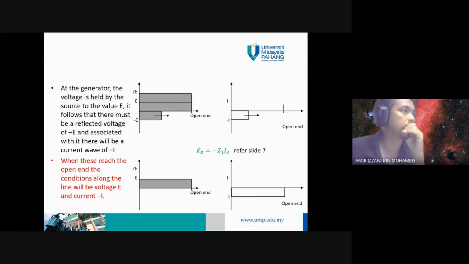At this generator, or at the source, the voltage is held by the source to the value E. It follows that there must be a reflected voltage of minus E, and associated with it there will be a wave current of negative I. After the original voltage is reflected at the open end and reaches the generator, the voltage here must be held at the E value, so a negative voltage will be reflected to hold the E value.